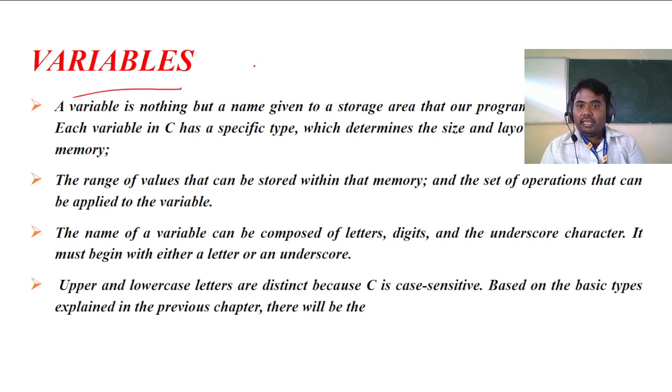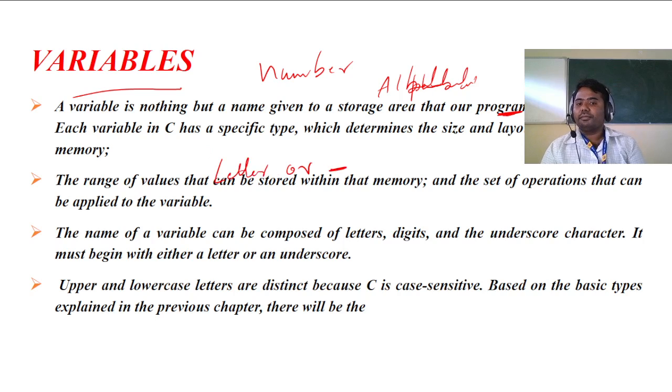Variables can contain numbers, alphabets, and some symbols also, I mean limited symbols like underscore. Variable declaration has some conditions. The variable must start with letters, I mean alphabets, or it must start with an underscore.